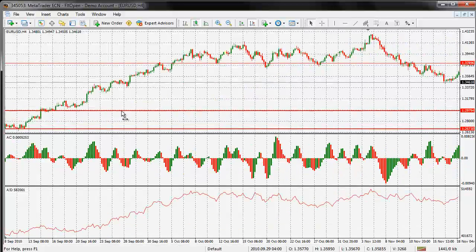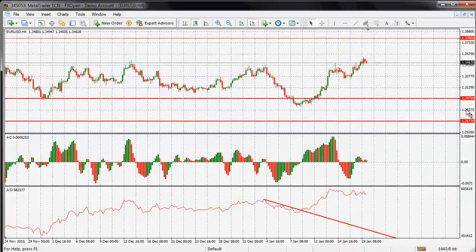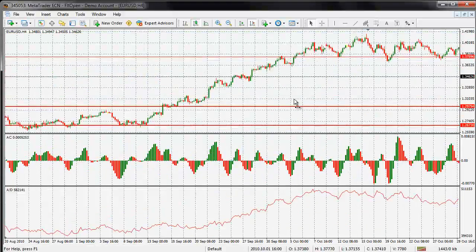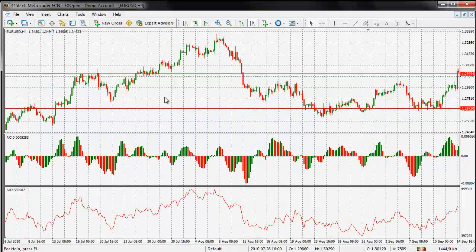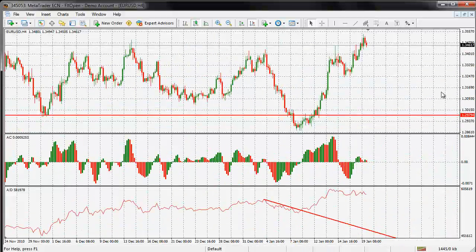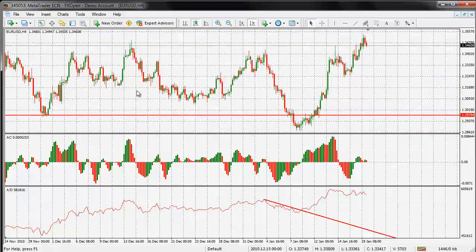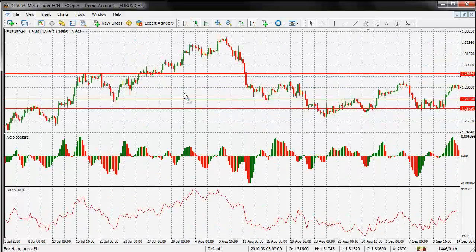Another support level. And that one didn't actually hit. We've got some more around here as well. And that was almost pretty close. So we're all doing okay for support and resistance levels.